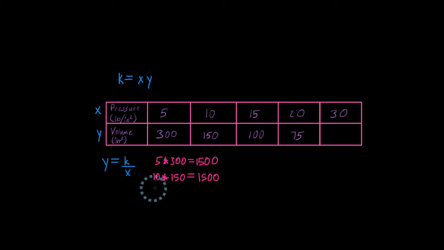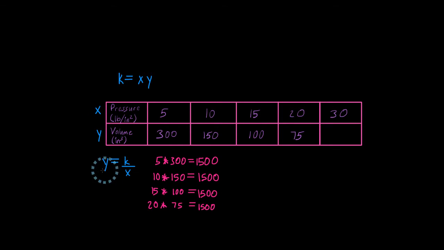And 15 times 100 will give me 1500. And finally, 20 times 75 is also equal to 1500. So this tells me that the constant is going to be 1500.